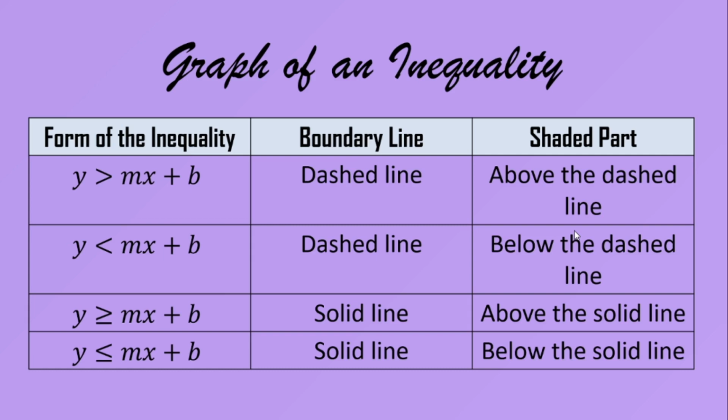Kapag naman po, y is less than, so dash line nga po siya, at below the dash line ang shaded part. So, yung ating greater than or equal, less than or equal, syempre, solid line. The same ang pag-shade natin. Ang pinagkaiba lang naman nila ay boundary line. Kasi pag greater than nga po ay above, kapag less than ay below. Okay? Pakitandaan.